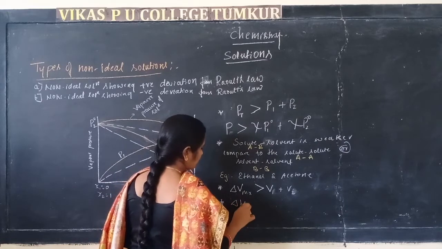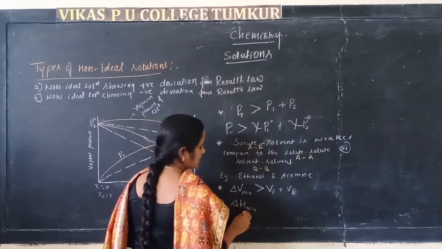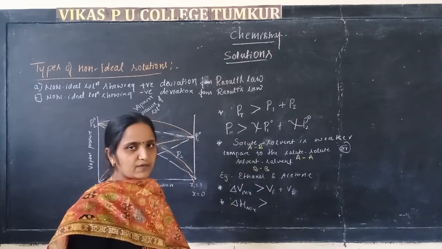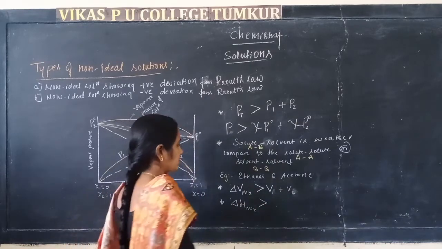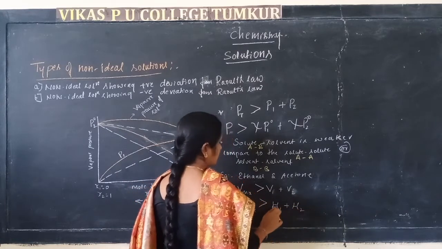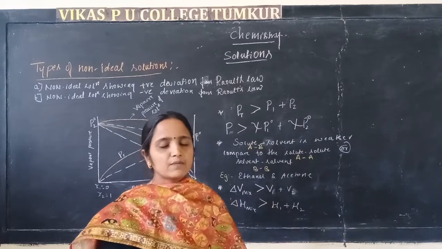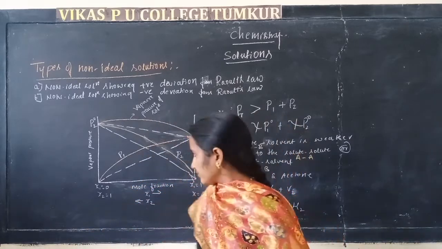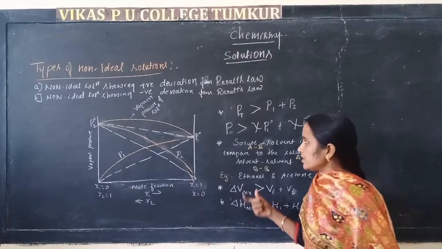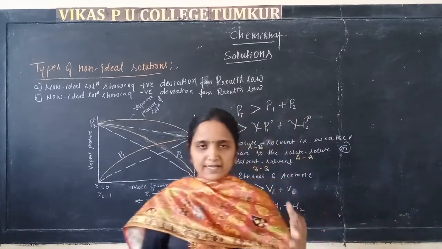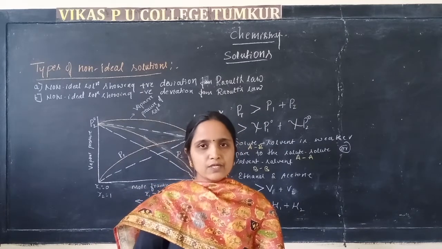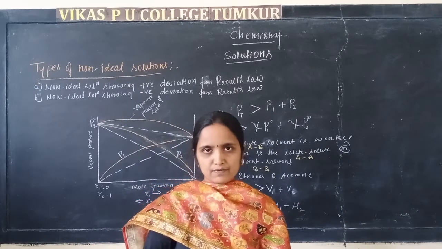The enthalpy of the mixture is greater than the sum of the enthalpies of the two components, that is H1 plus H2, the sum of the enthalpies of component 1 and component 2. These are a few characteristics of the non-ideal solutions showing the positive deviation from Raoult's law.